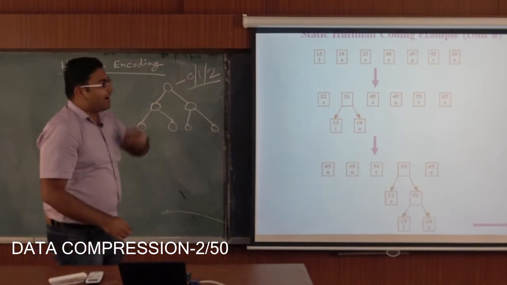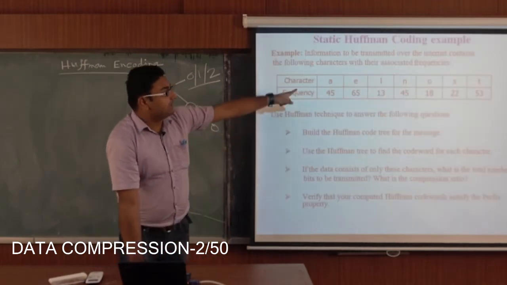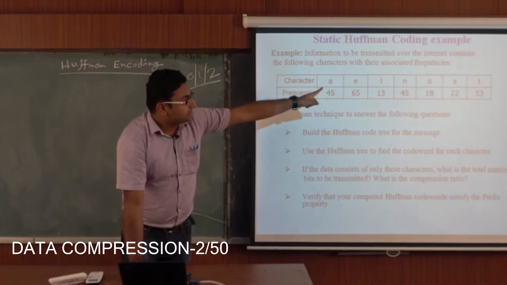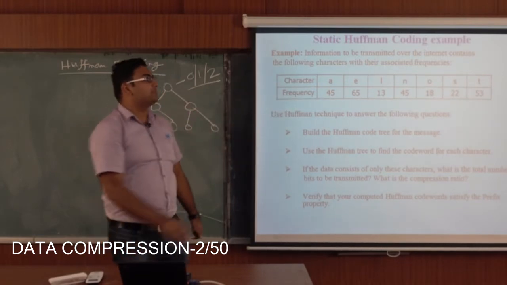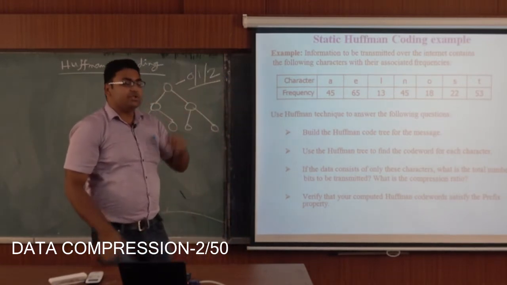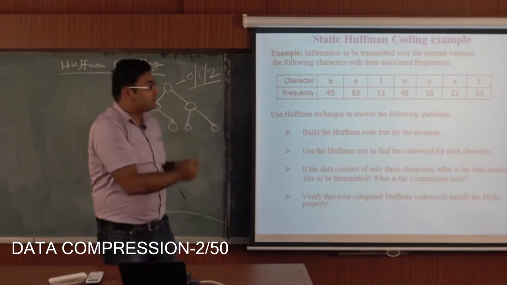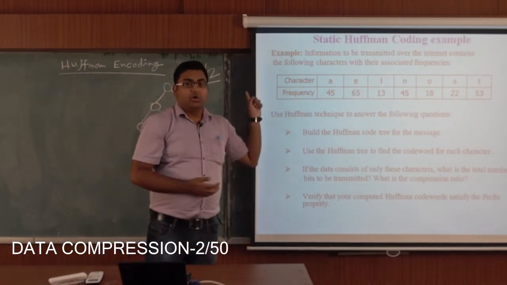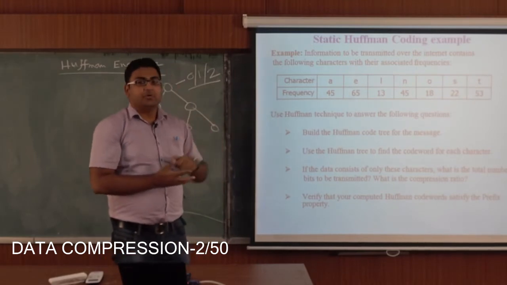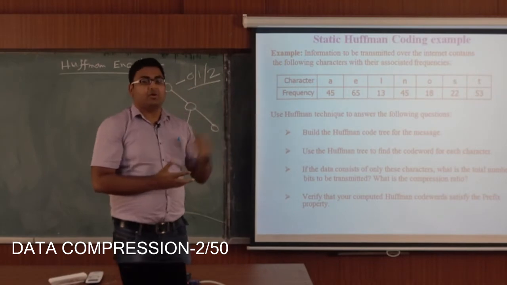Now for this Huffman tree, if we look at the data that we have represented in the chart, this is a set of characters which have been repeated multiple times in our text. The first step to build a Huffman tree, which is a part of a binary tree, is to apply a sorting operation on this data.